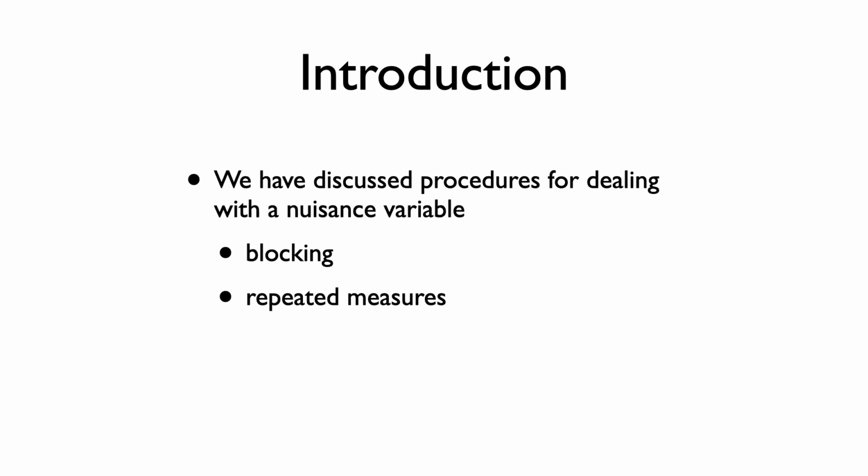Same thing with repeated measures, which are just a special case of blocking. If I test Victoria over and over again on something, and then I also test Chloe over and over again on something, I can put the fact that they're the same people being tested over and over again into the model and take out some variance. It's really just blocking, but the block is a single person.